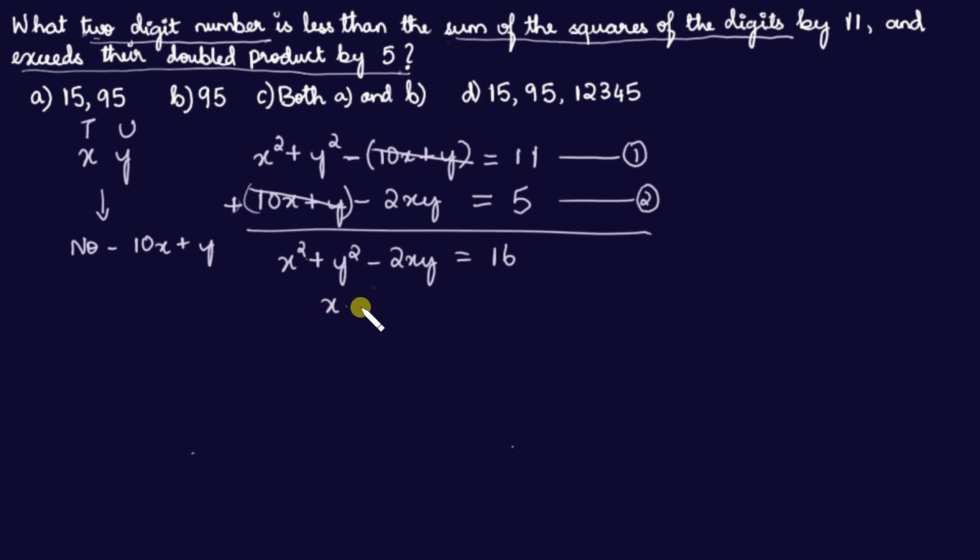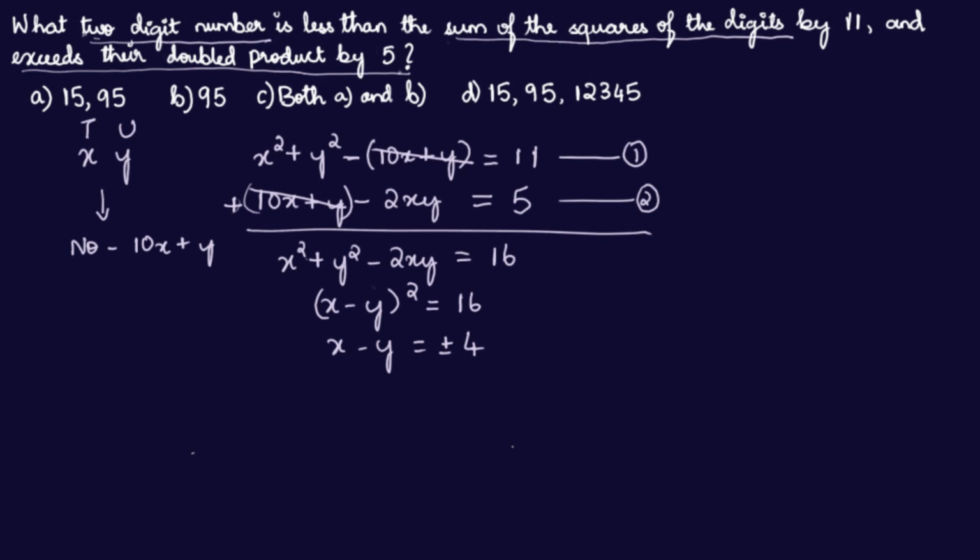This is x minus y whole square is 16. So x minus y is plus or minus 4, since we have to take the positive and the negative square roots. So the difference between the digits is 4.